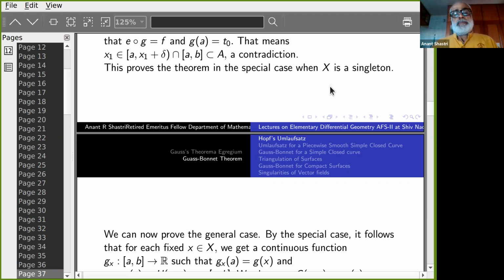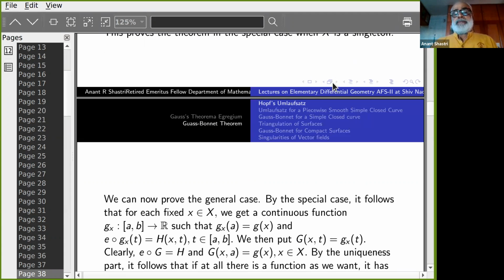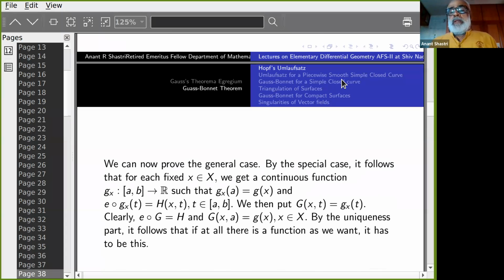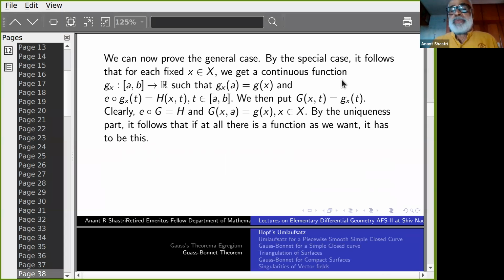Okay, let's go to the general case. It follows that for each fixed x, the corresponding statement becomes the statement for the special case. For each fixed x, we get a continuous function g_x.